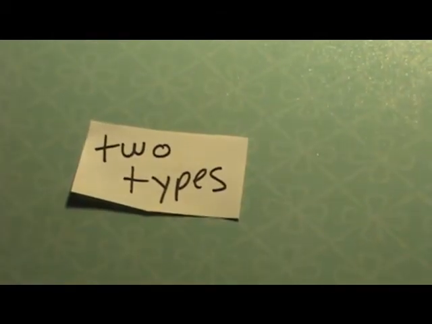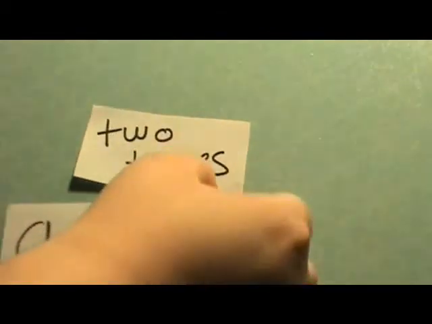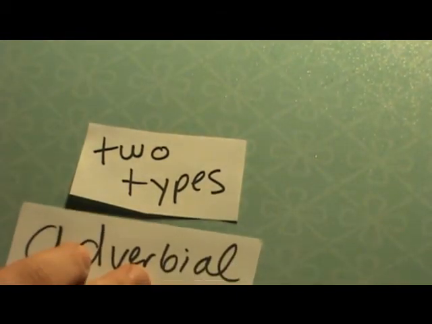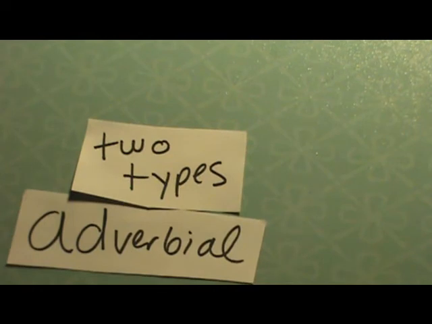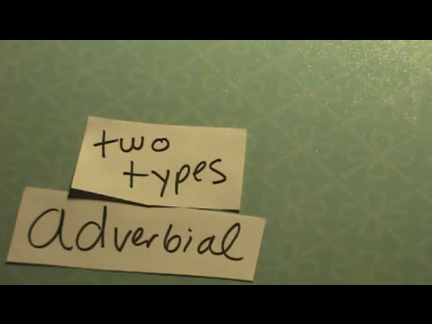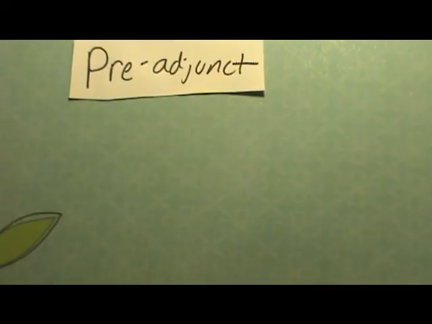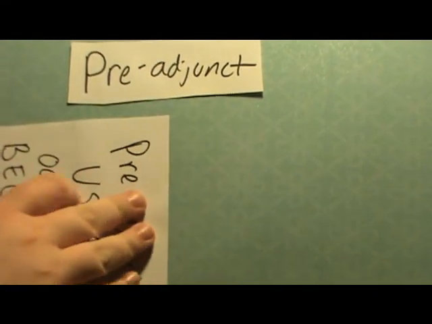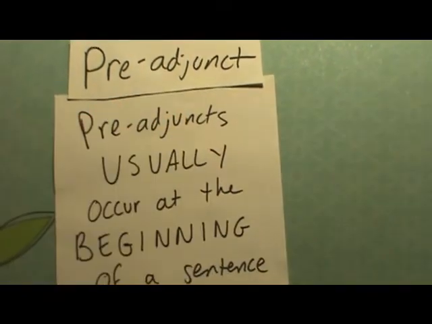We still have the two types of the adverbial and the pre-adjunct, but there's something special that's happening to the pre-adjunct. Do you remember earlier when we said that pre-adjuncts usually occur at the beginning of the sentence?